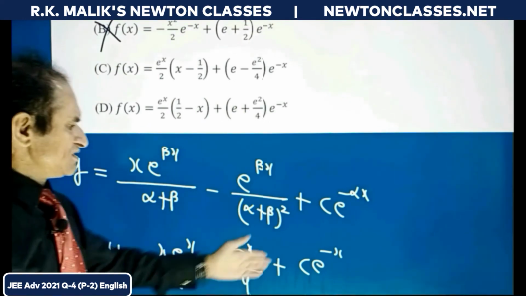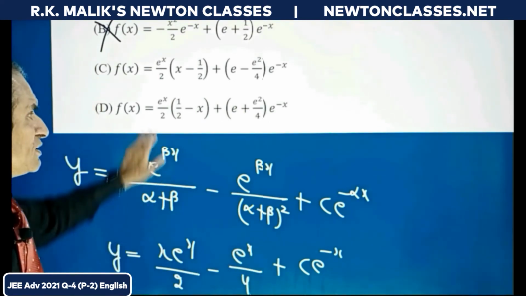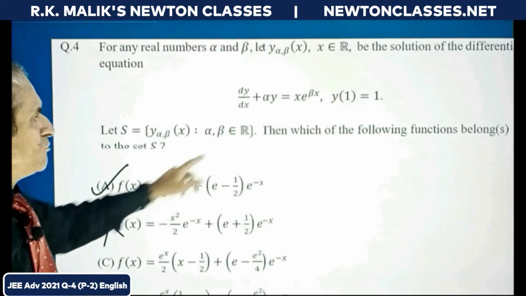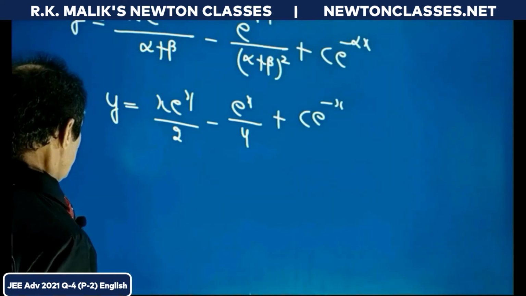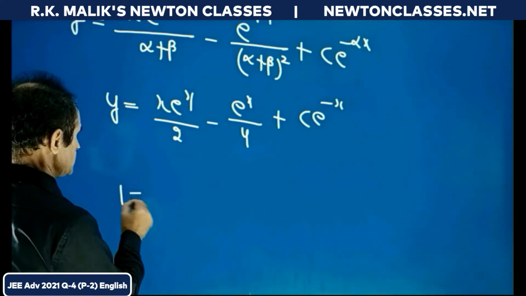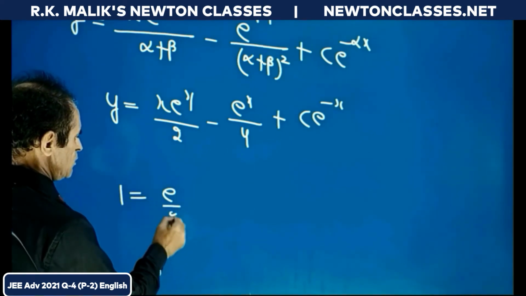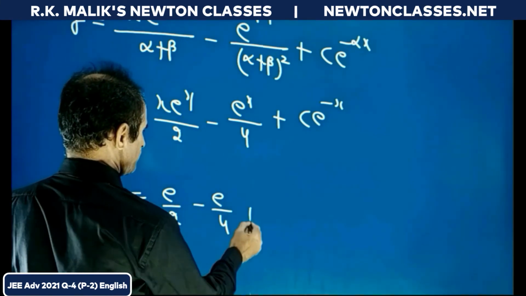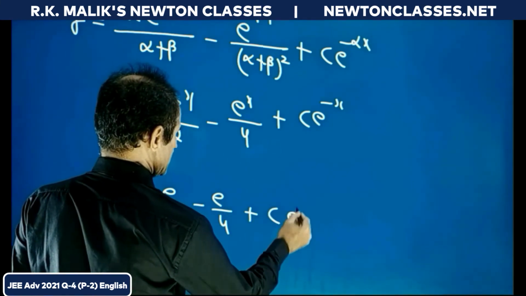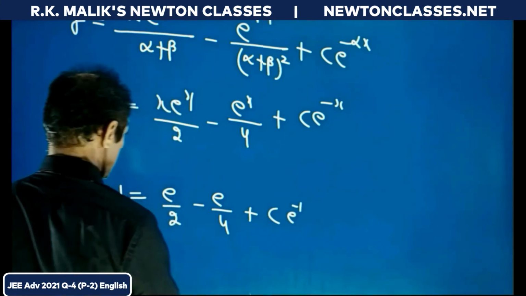And c is very easy to find because it is given that for x equal to 1, the value of y is 1. Hence I get 1 is equal to e by 2 minus e by 4 plus c e to power minus 1.